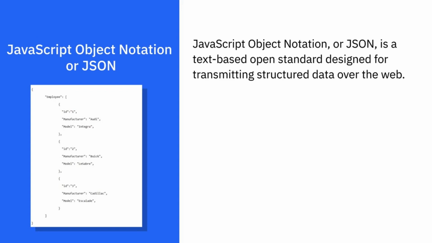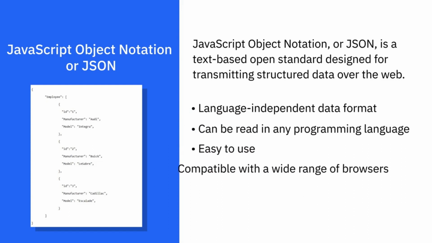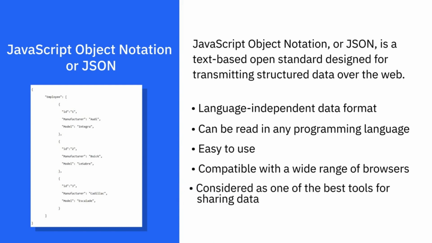The file format is a language-independent data format that can be read in any programming language. JSON is easy to use, is compatible with a wide range of browsers, and is considered as one of the best tools for sharing data of any size and type, even audio and video. That is one reason many APIs and web servers return data as JSON.